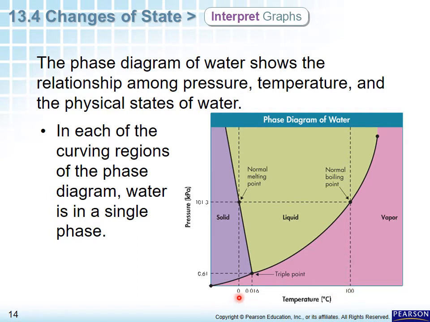If you go to 0 at 101.3, this point is called the freezing point or melting point of ice or water. If you increase the heat or temperature, the ice, which is solid, becomes liquid. If you cool it more, it becomes solid.